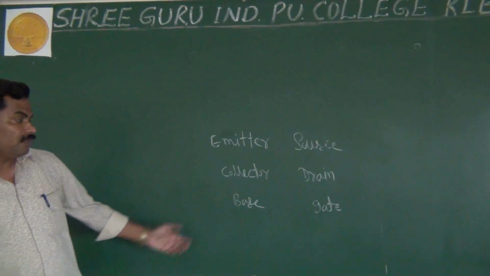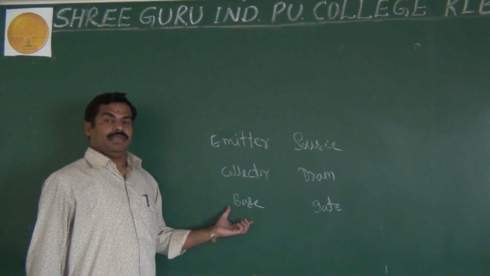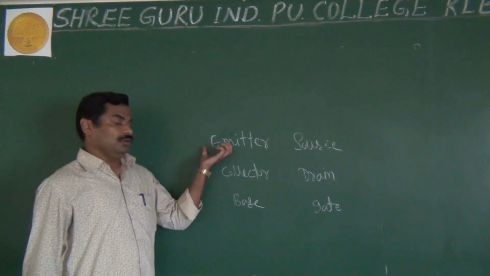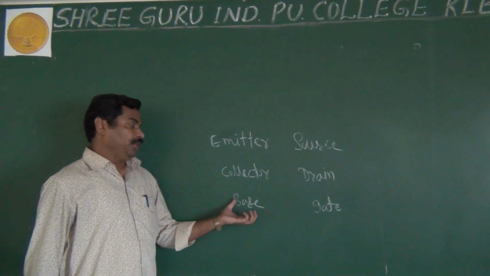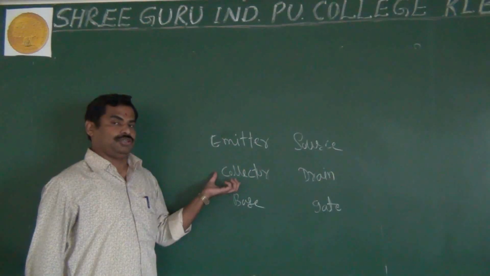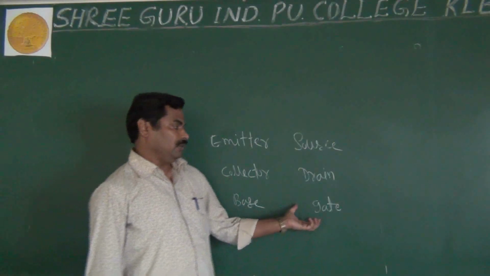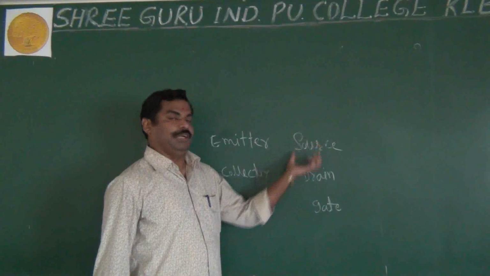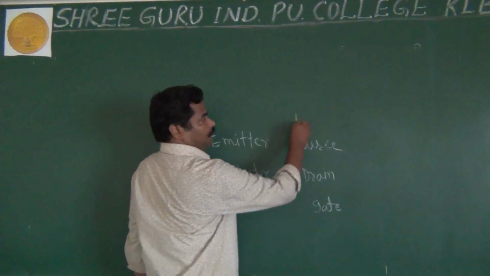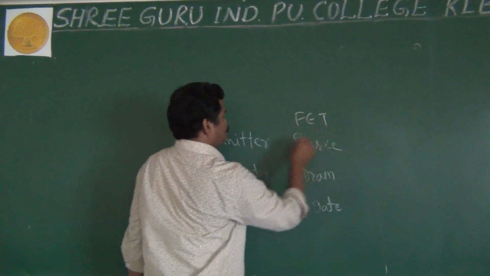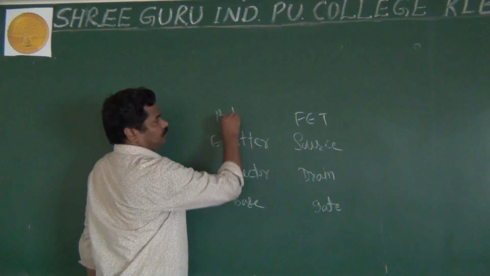And finally, for your base: as we know in your BJT, the base is the base of the transistor. In the same way, the gate is so important for your FET. This is your FET and this is your BJT.